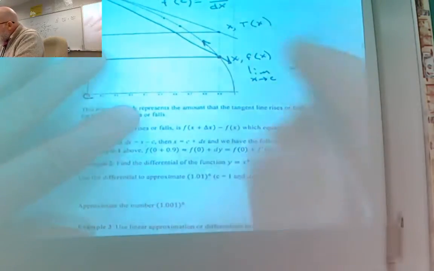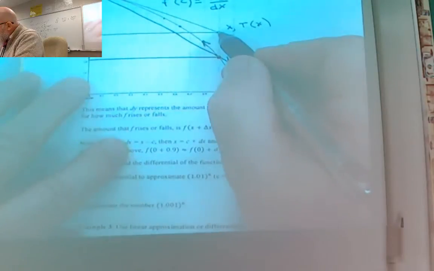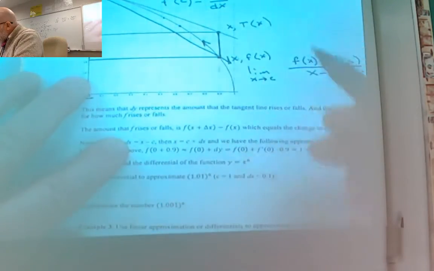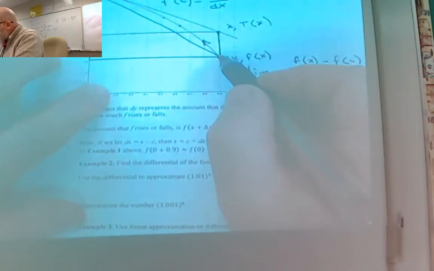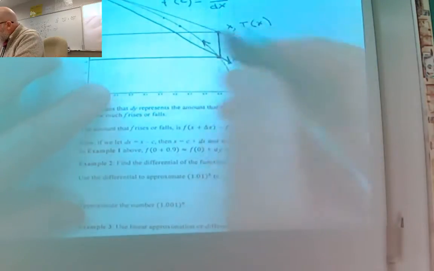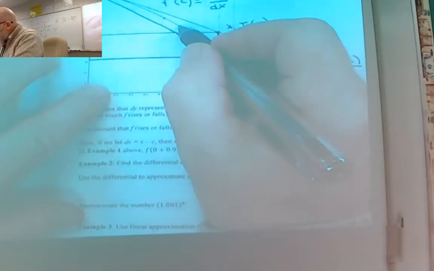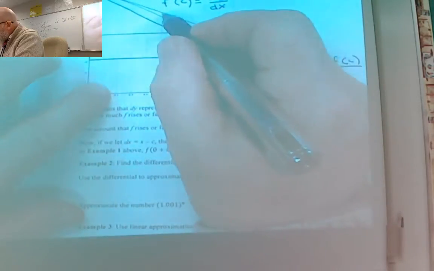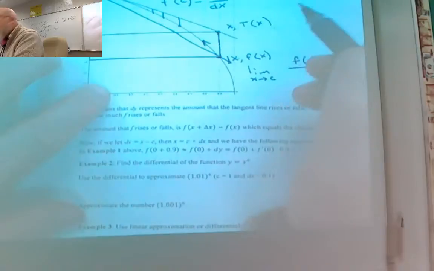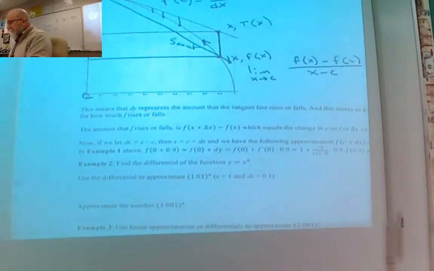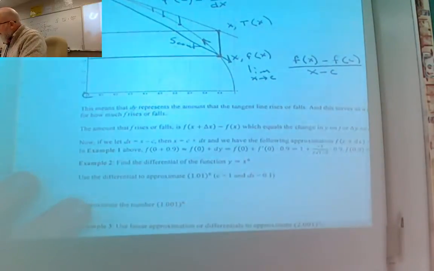So this right here is the difference between this y value and this y value. And as I move this along closer, these differences get closer and closer, right? Here's my tangent line. This is my secant line. That's what this limit is all about.